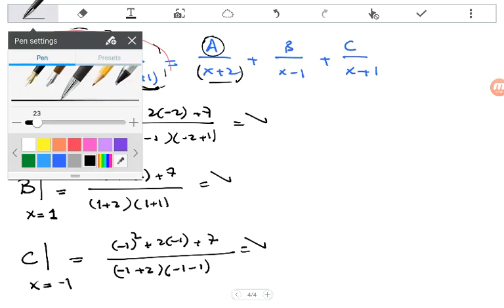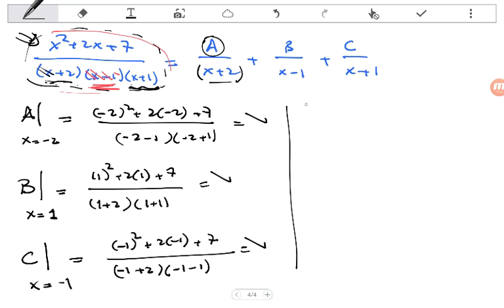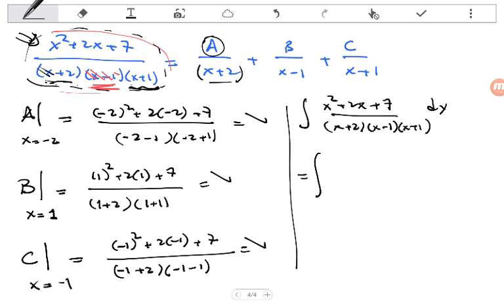Now can I integrate this expression? Integration of x squared plus 2x plus 7 over x plus 2 multiplied by x minus 1 multiplied by x plus 1. Can I integrate this expression? Yes. How? I just made the partial fractions. I had this value of a. Now I have these values as numbers.